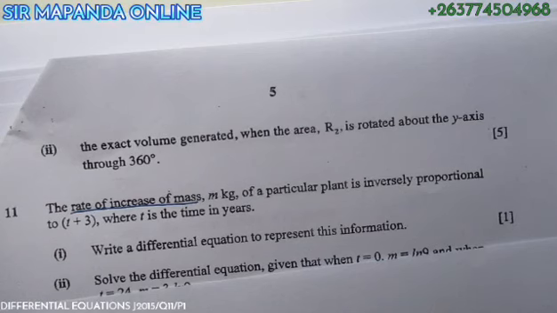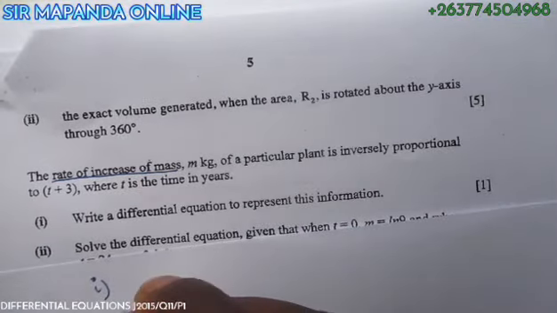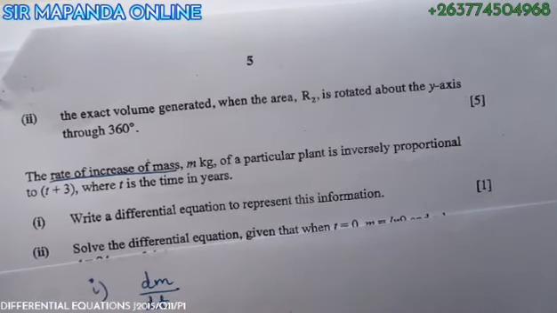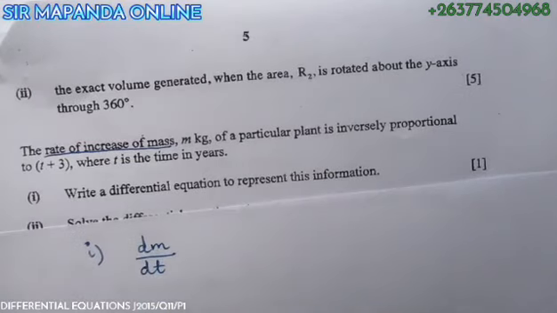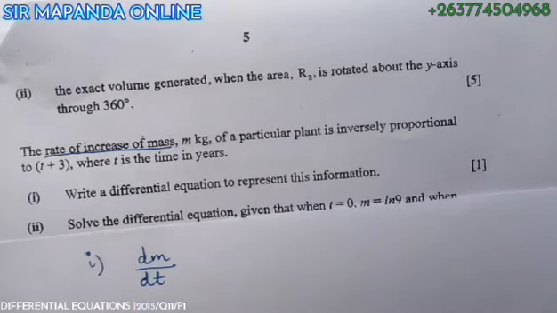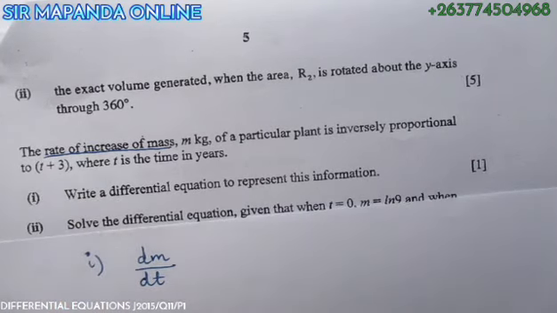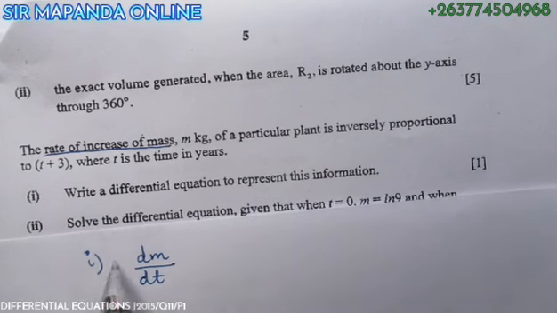I hope you are listening, class. So I'm going to write dm over dt, which simply means the rate of increase of mass with respect to time. If it was the rate of decrease, I would put a negative sign first before writing dm over dt. I hope you are following.